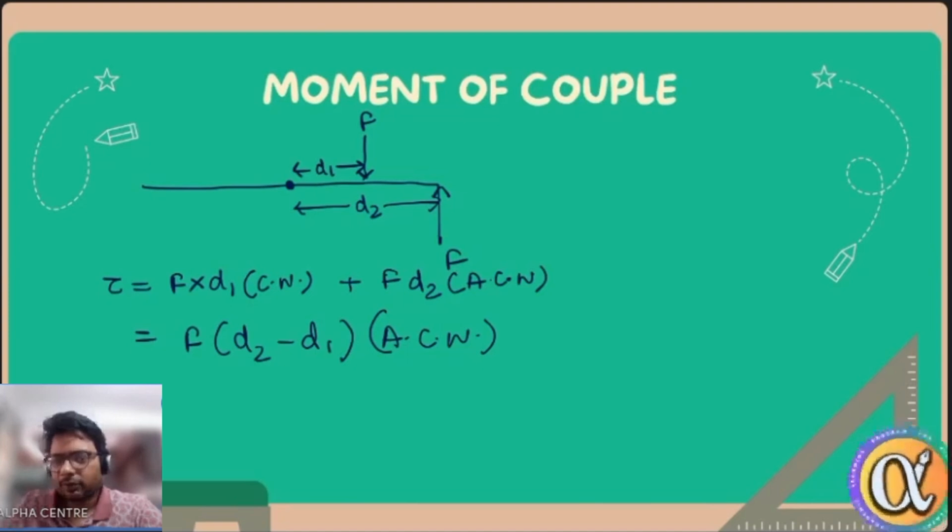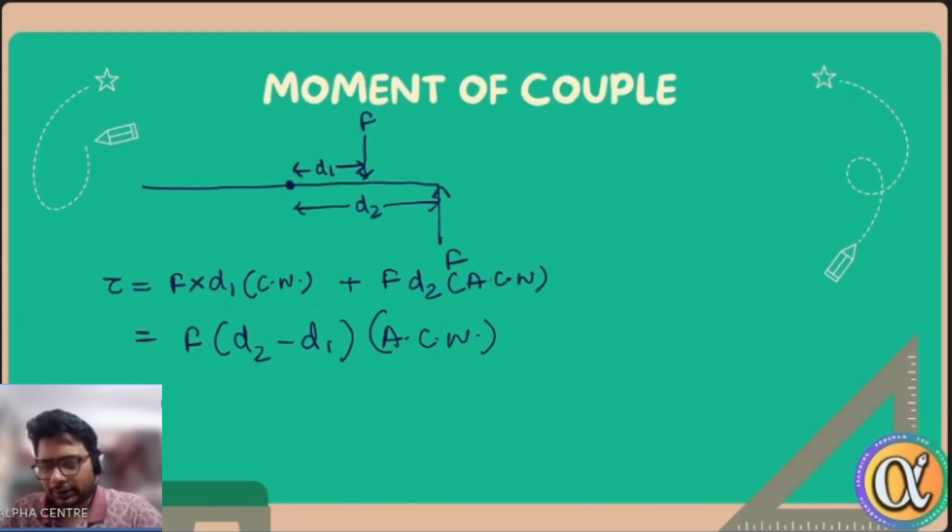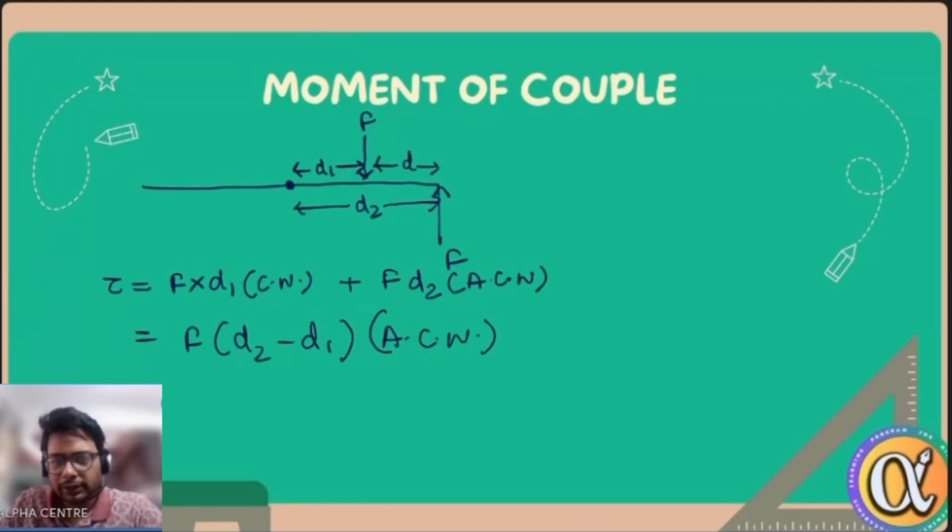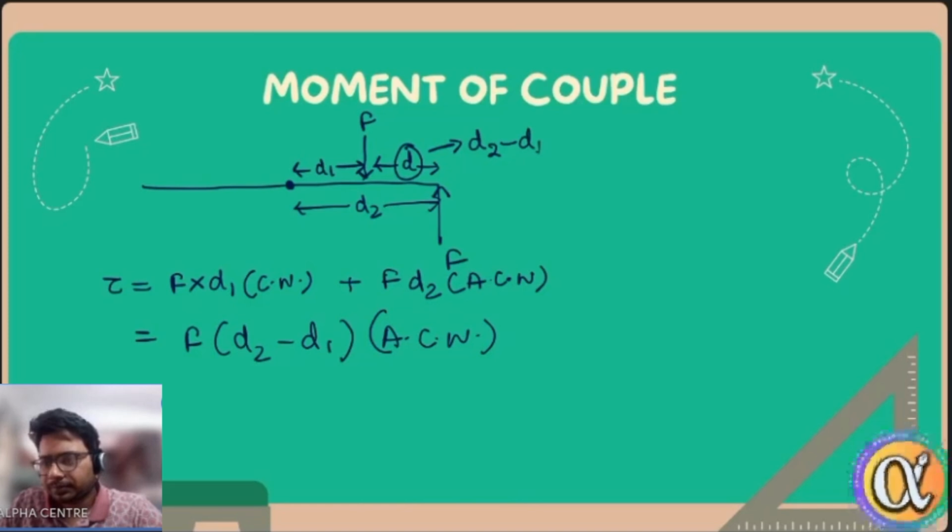Yes. FD2 minus FD1 in the anti-clockwise direction. This D is again the perpendicular distance between the two forces. What is the magnitude of this D in terms of the two distances? Can I not say this is D2 minus D1?